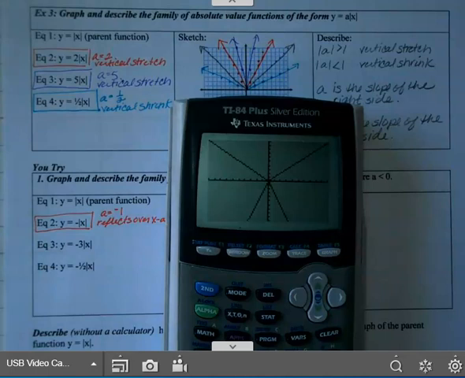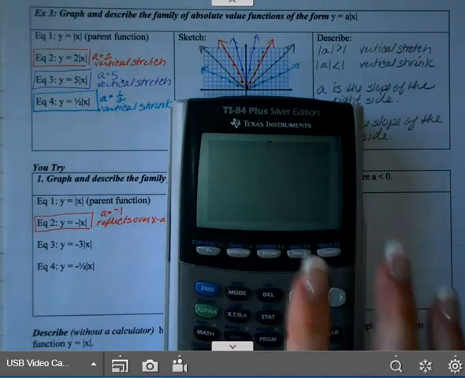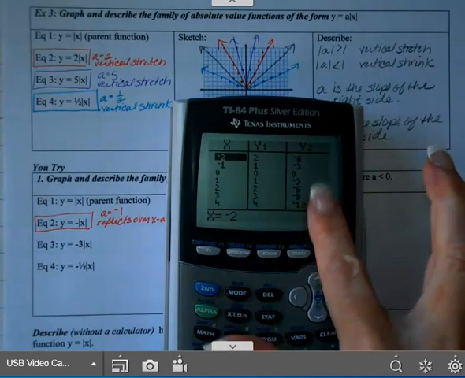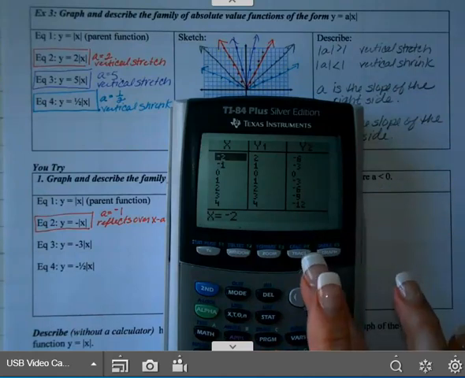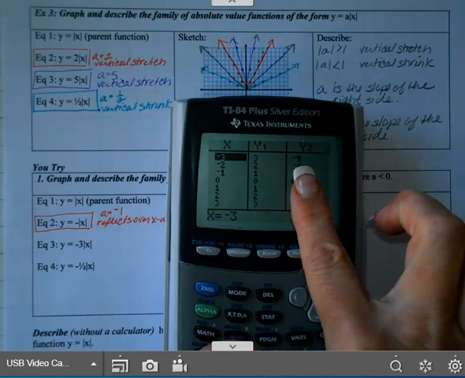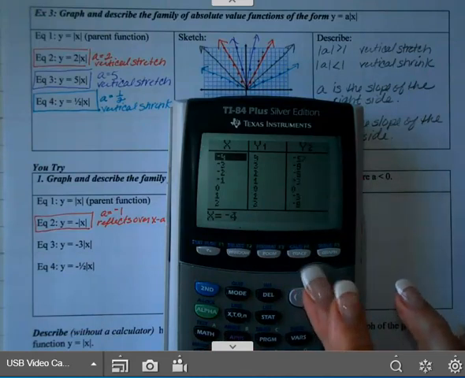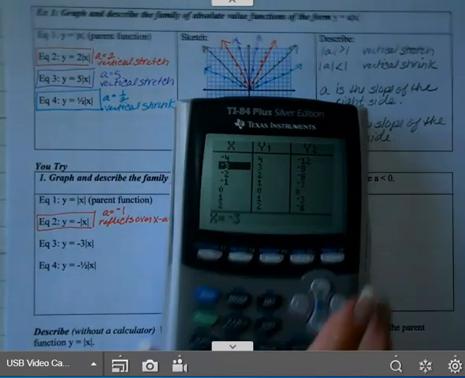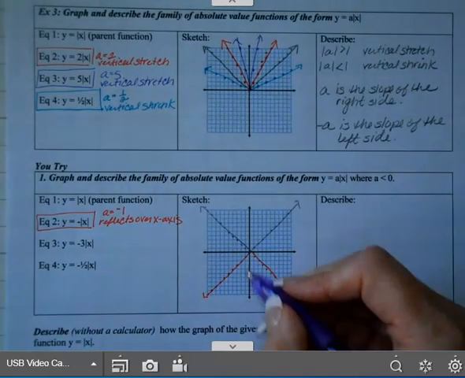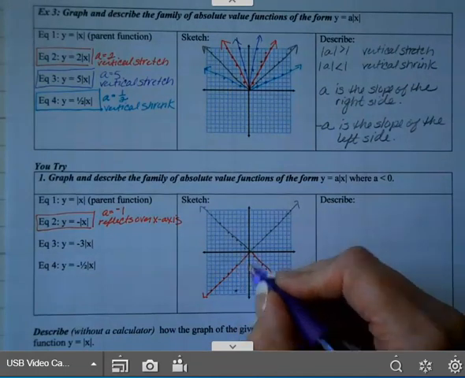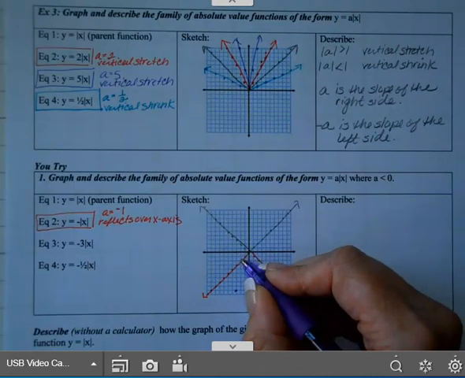And you could pull up points on your calculator if you wanted to. If you go to second table, remember we're looking at the y values in the second column, and you could go ahead and plot these. Let me go up for one more. And so at -3 or at -9, if you go to -4, you're off your graph. So I would just start at -3, -9, and let's go ahead and graph these. So -3, I'm at -9. At -2, I was at -6.